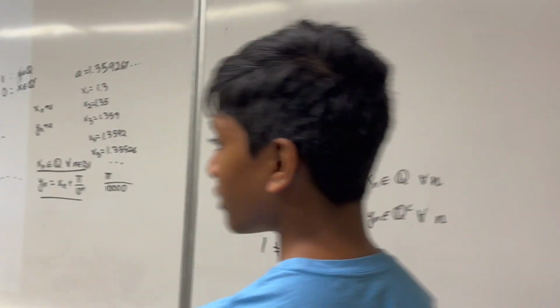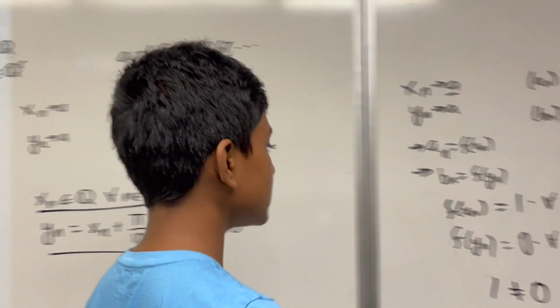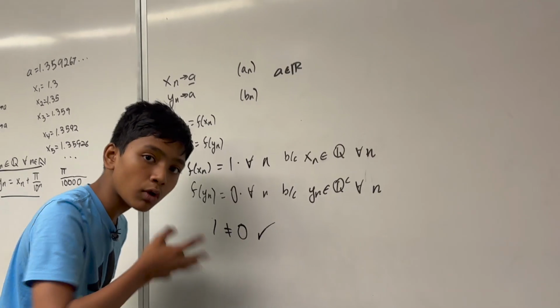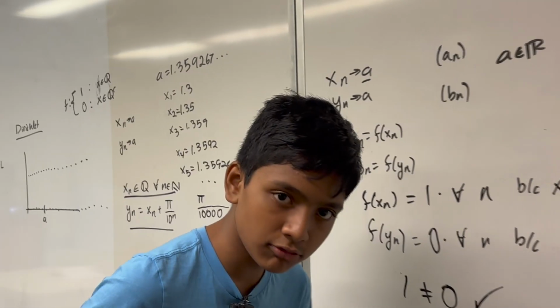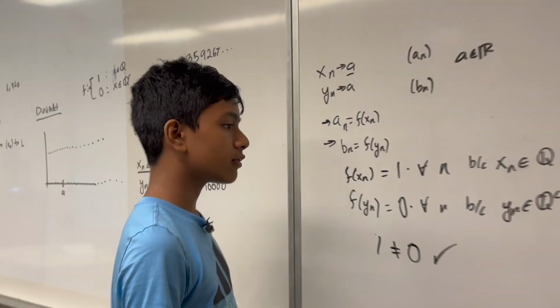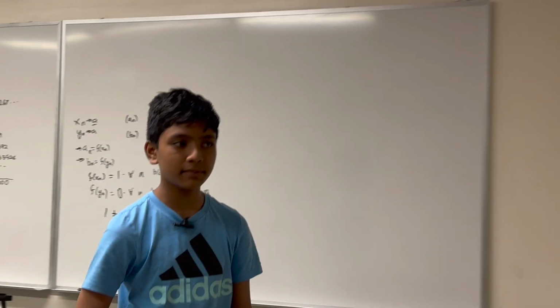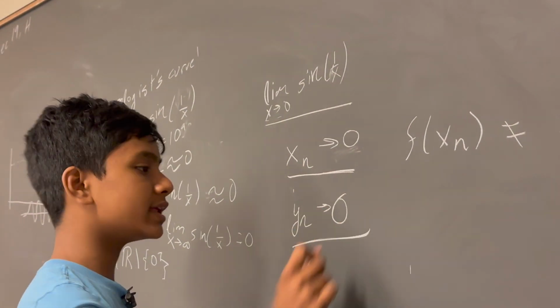Here, we could be very easily assured of what the limit was, because it was the same for all n in the sequence. This was just 1, 1, 1, 1, 1, 1, 1, and this was just 0, 0, 0, 0, 0, 0, 0. So, we're going to try and do the same thing here. We're going to try and make one of these all 1s and one of these all 0s.